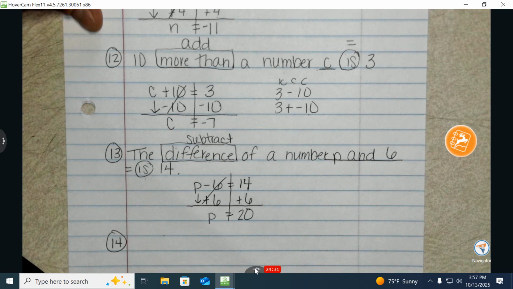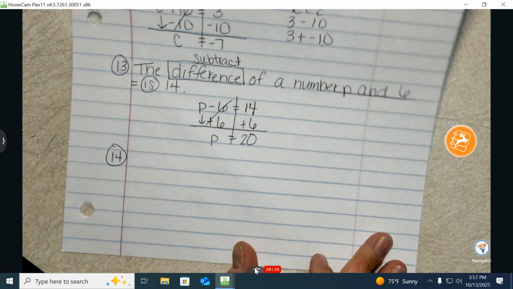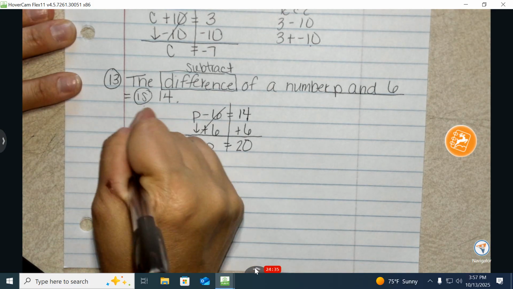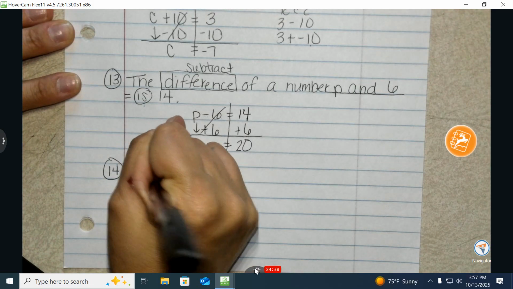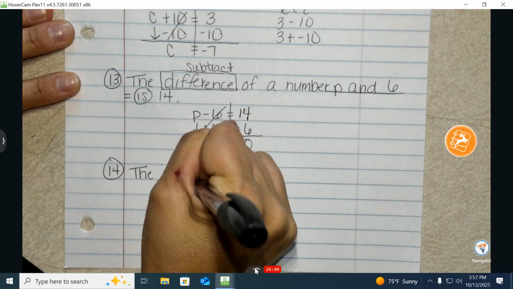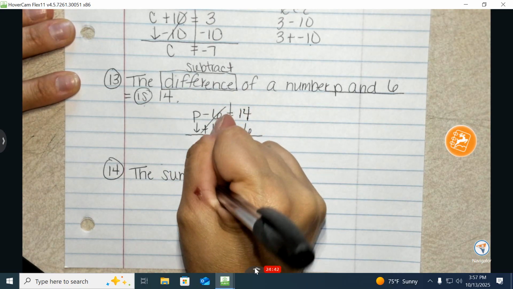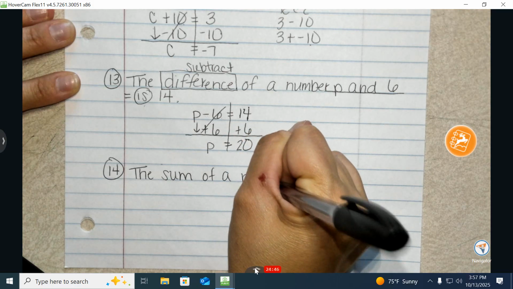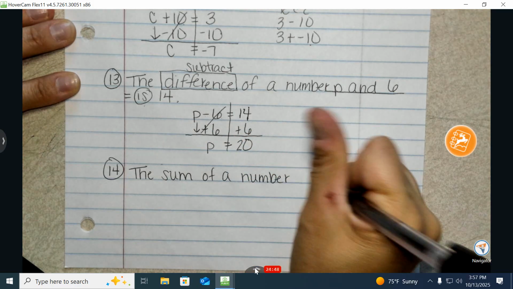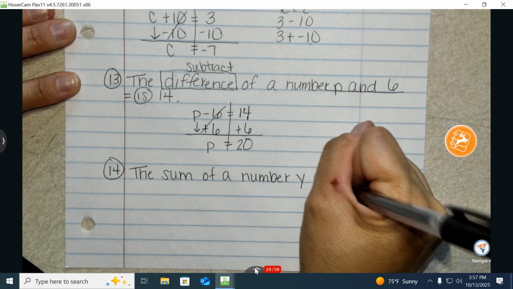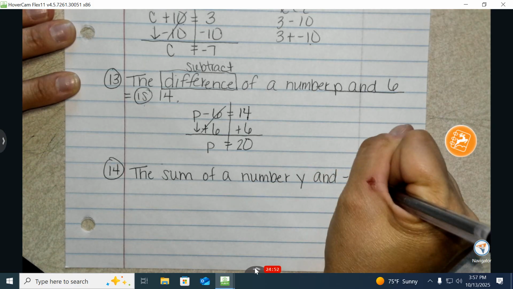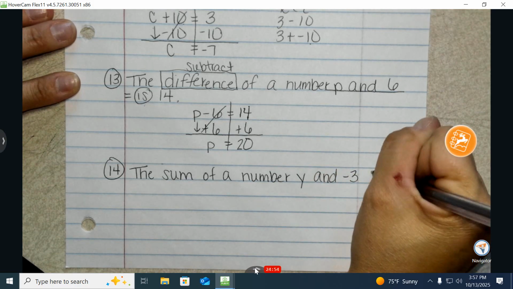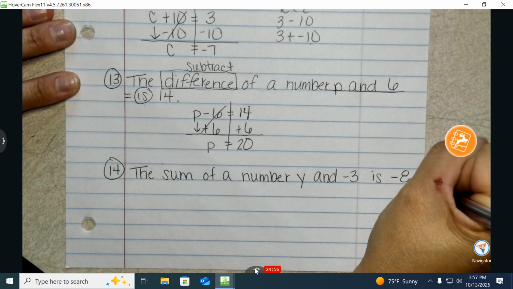Number 14. The sum of a number y and negative 3 is negative 8.